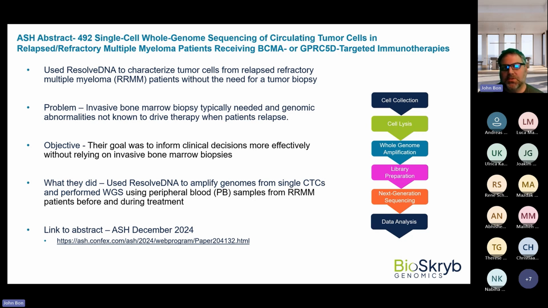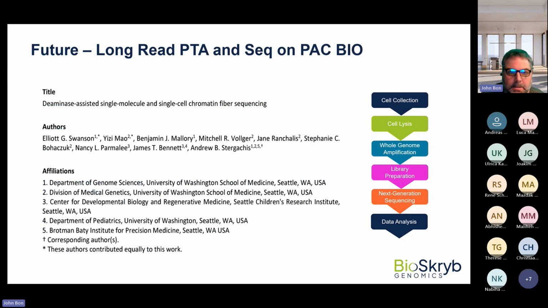So if you could isolate those circulating tumor cells, and there's not many of them, and then sequence the whole genomes of those cells, you can learn a lot more about the disease, that MRD from that disease, and potentially change the treatment for the patient in a good way and extend their life. So that's going to be at ASH next week. On December 8th, it's going to be presented if you're going to the ASH meeting in San Diego, California.